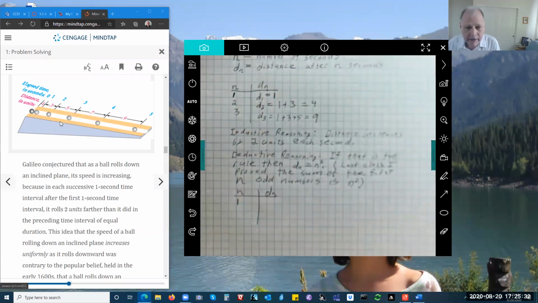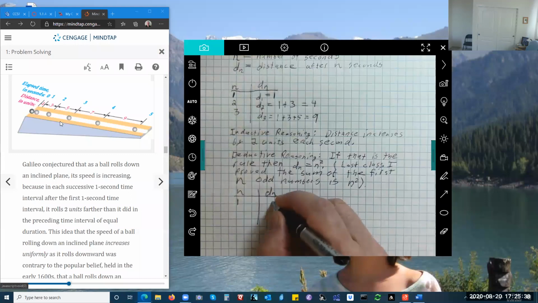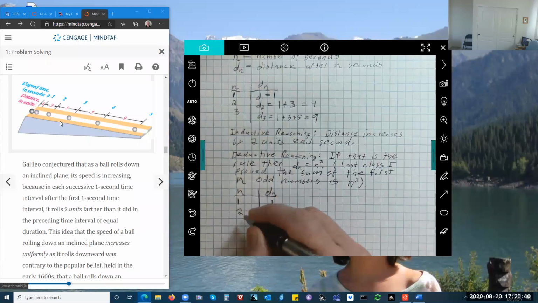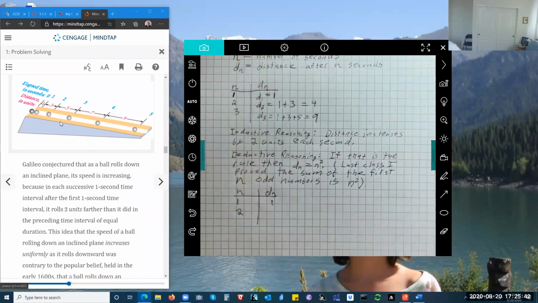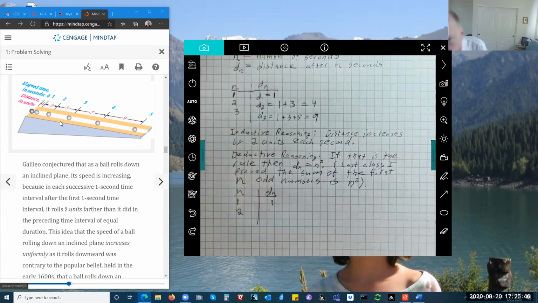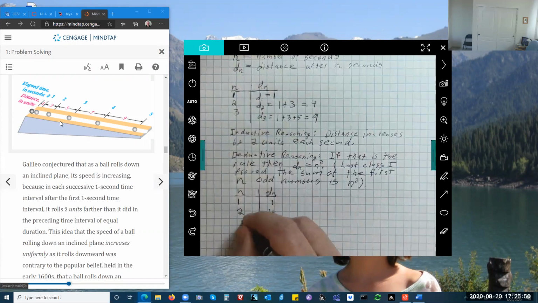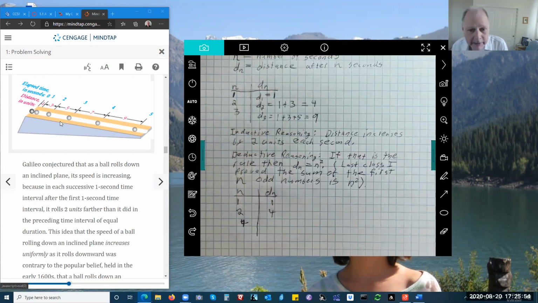People are asking for this to be a little bigger. Okay. So when n was 1, d_n was 1. When n was 2, d_n is 2. No, d_n is 4. I'm going to keep doubling.